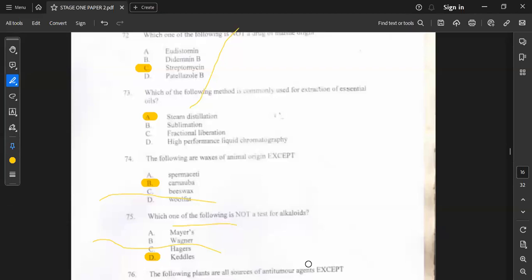There's also classification according to the chemical structure. There's a very nice table here in this textbook that I'm looking from. I'll share it right in the group. According to chemical structure, it's atypical alkaloids and typical alkaloids.